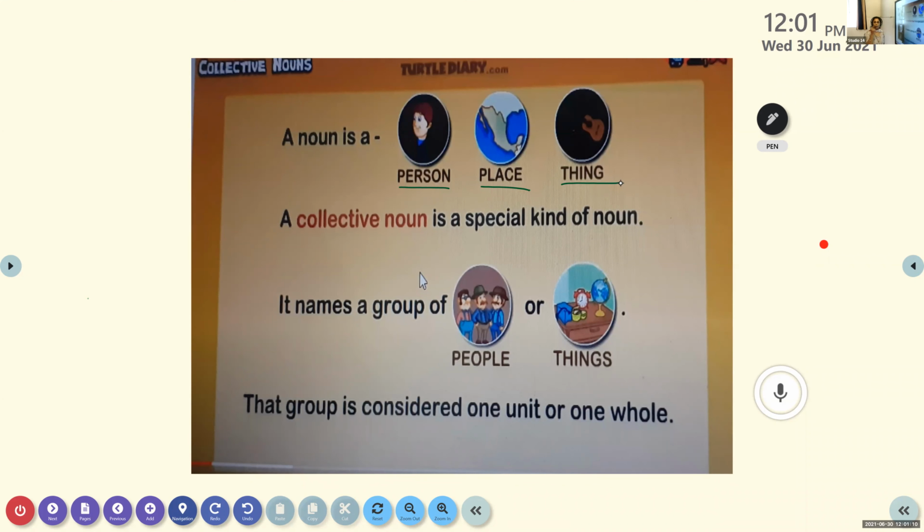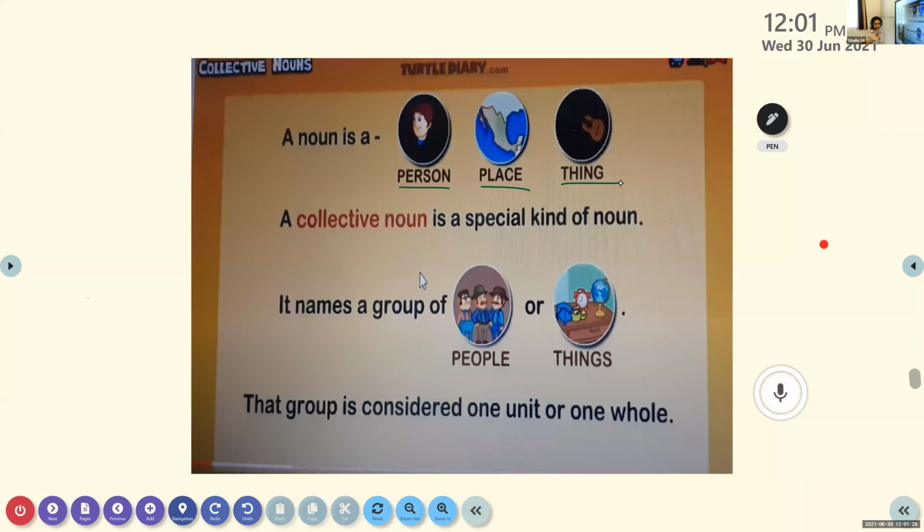For a dog, Fluffy or Blackie. For a book, a newspaper, or a car, Mercedes-Benz or whatever it is. All these are proper nouns. The special name given to a particular person, place, animal, or thing is called a proper noun.